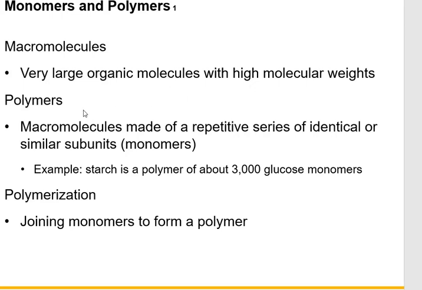And one of the things that I hope you had the opportunity to do sometime in high school was to take some Elmer's glue and mix it with borax, which is something that you use in your laundry. You can buy it anywhere you buy laundry detergent.